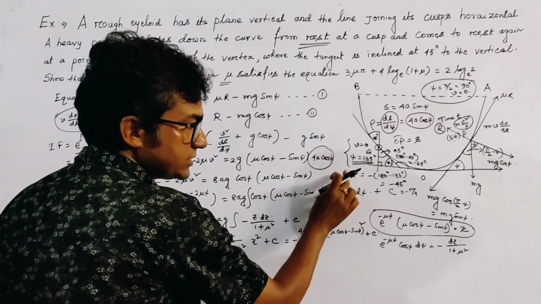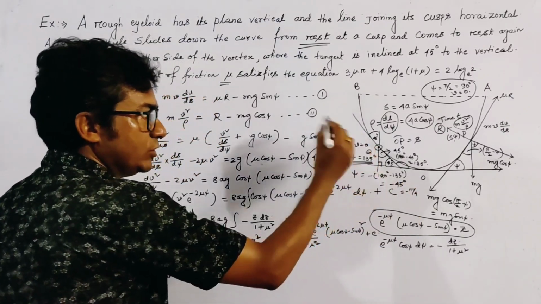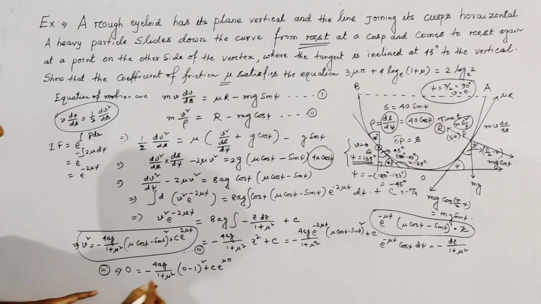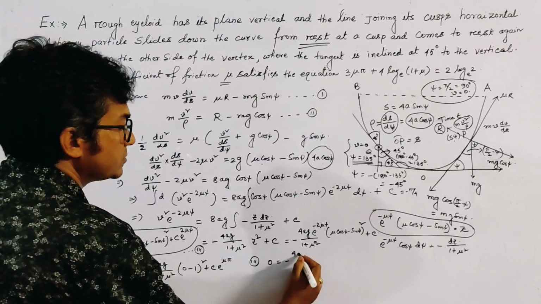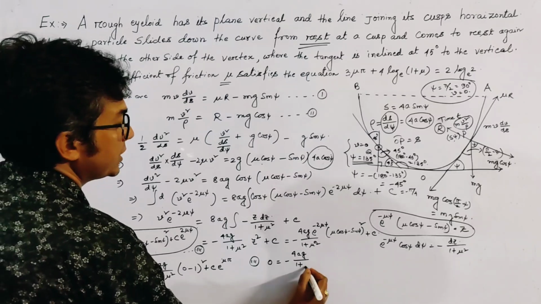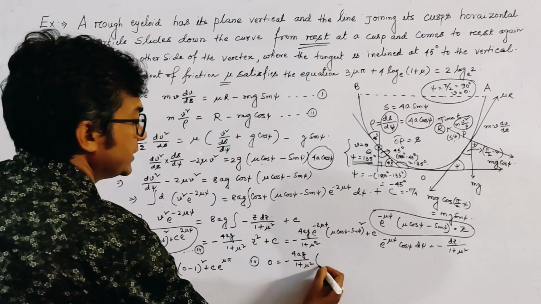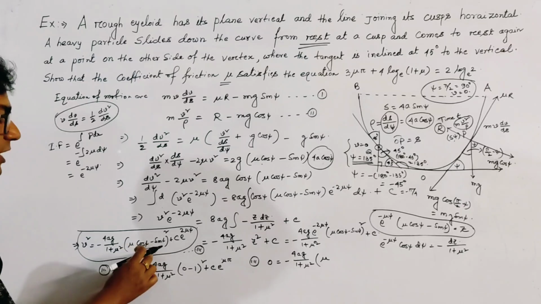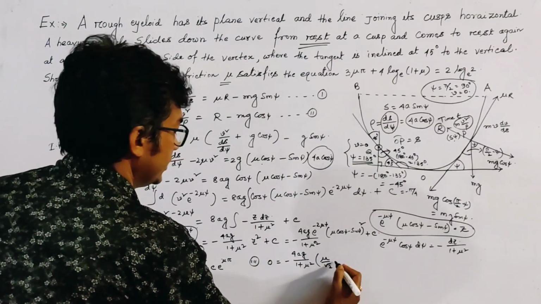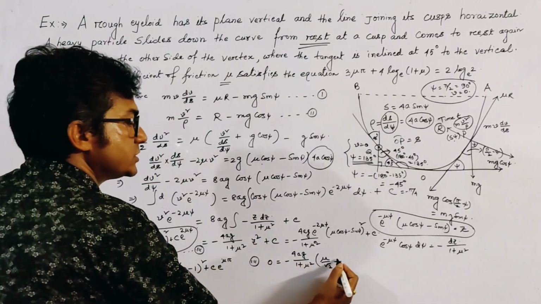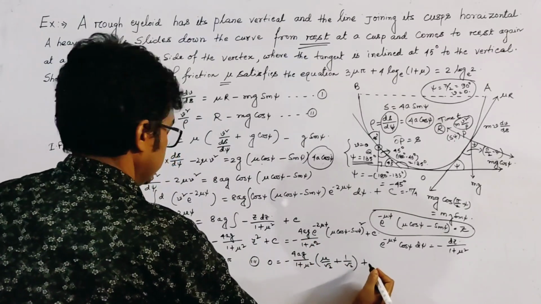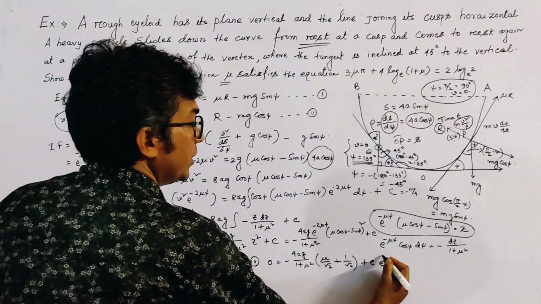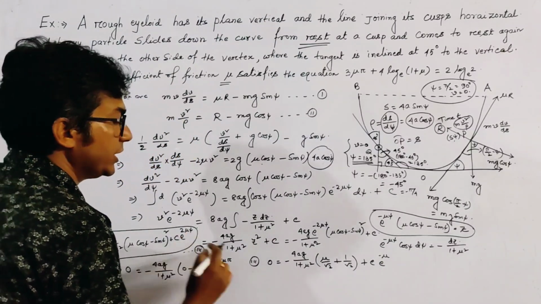Okay, so we put here psi equal to minus pi by 4 and v equal to 0, and get the relation from 3 as this side is also 0, left side, and the right side is minus 4ag by 1 plus mu square, and this is mu into cos minus pi by 4 means 1 by root 2, and sin minus pi by 4, this is minus 1 by root 2, so we get here minus minus plus, and c into e to the power mu minus mu by 2.